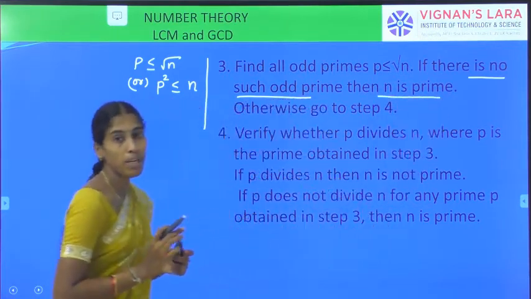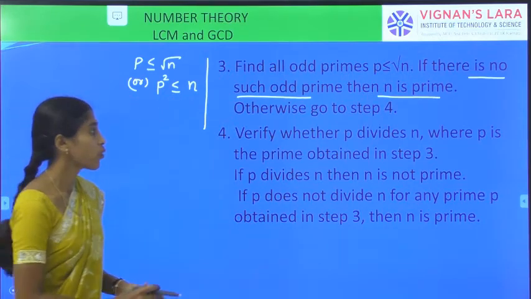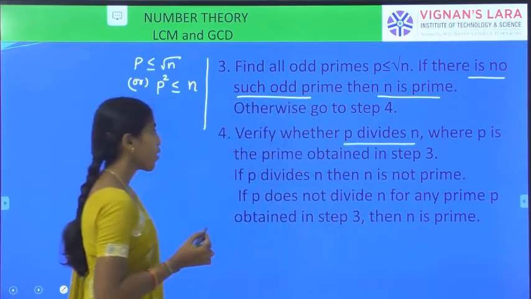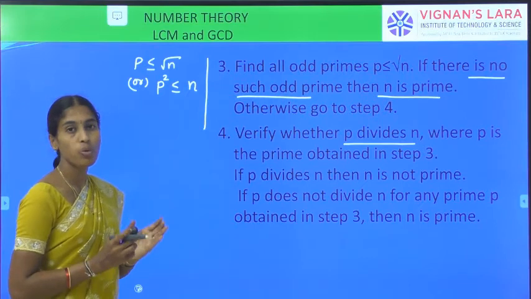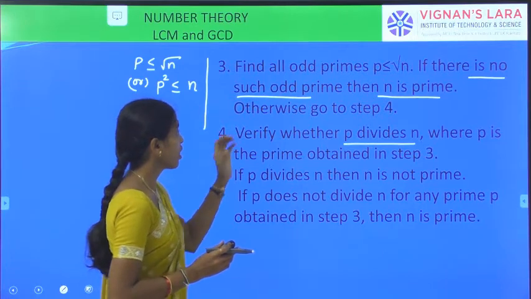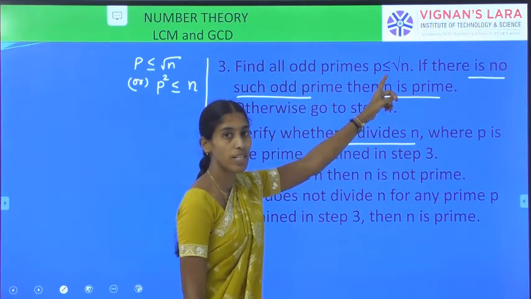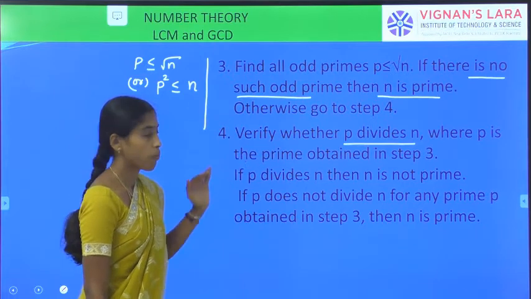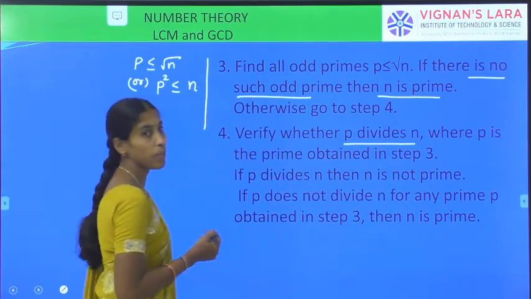If such a prime number exists which satisfies the condition p square less than or equal to n, then go to the next step. Step 4: verify whether p divides n, where p is the prime number obtained in step 3.